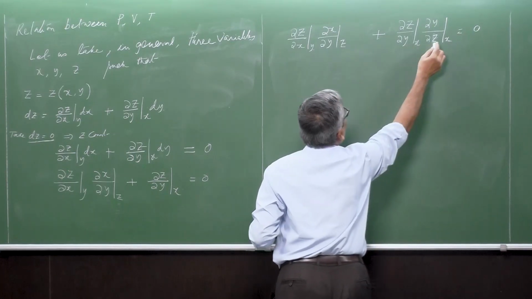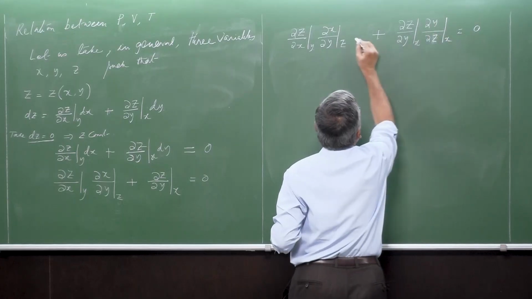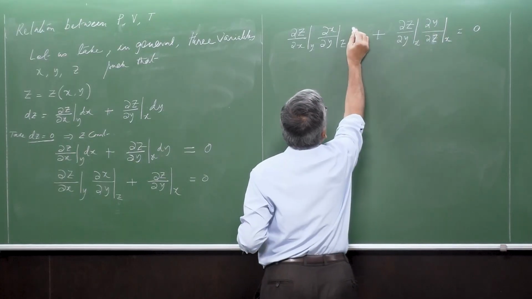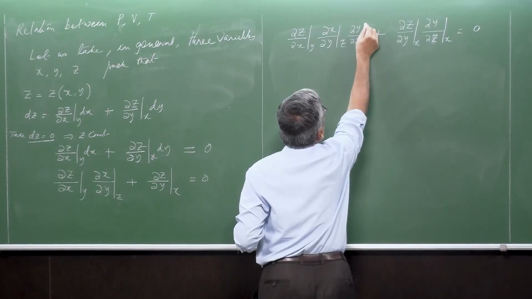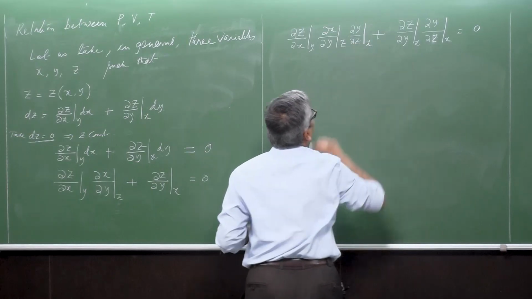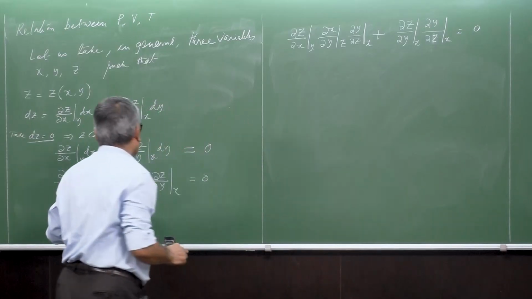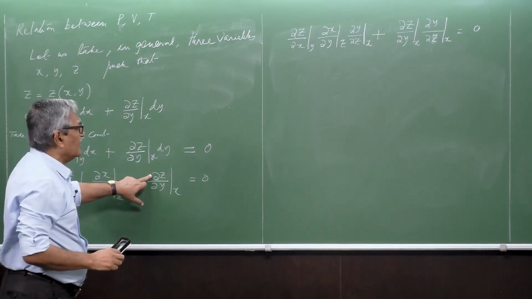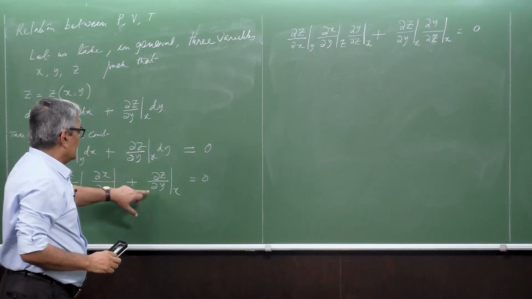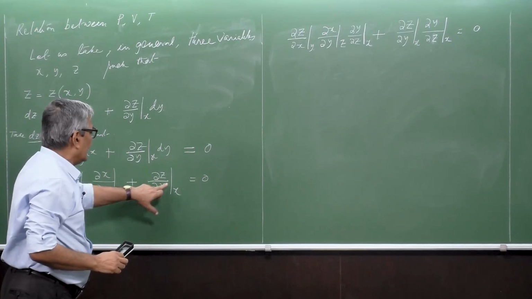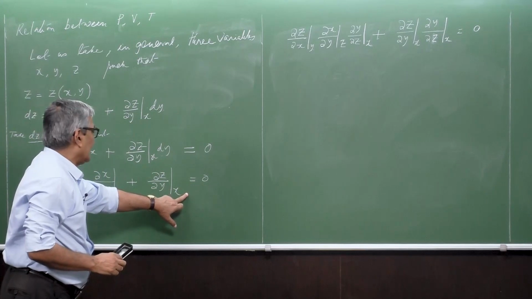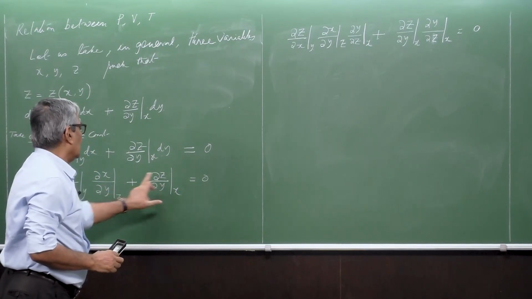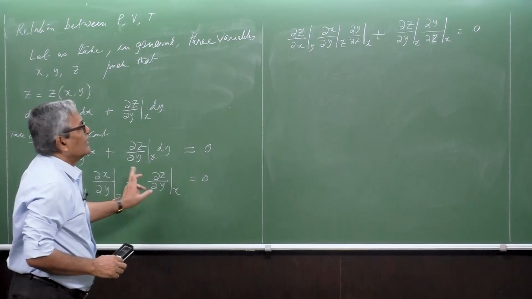And again, when I multiply this term, I will also multiply del y del z at x. So it means that we have multiplied both sides by del y del z at constant x, on both these two terms on the left hand side.